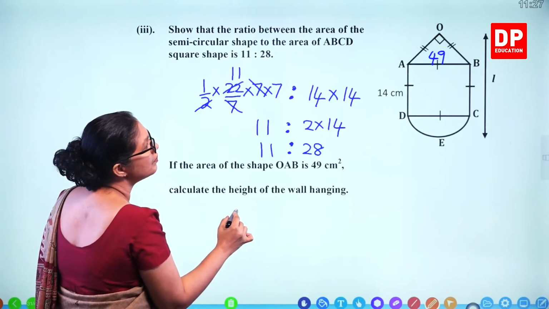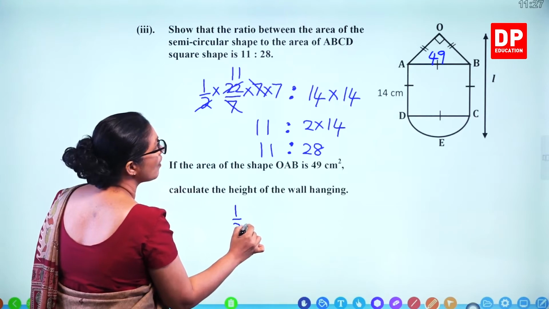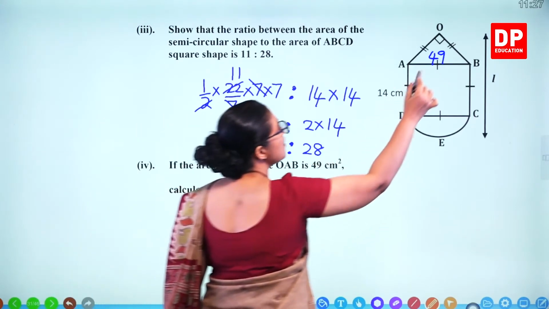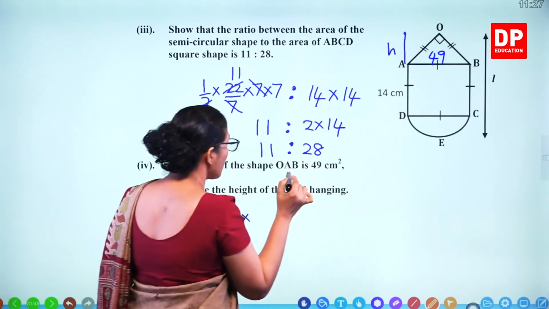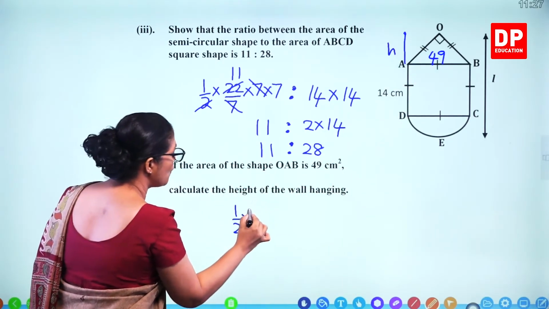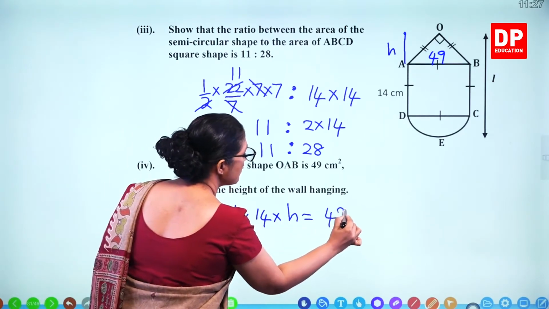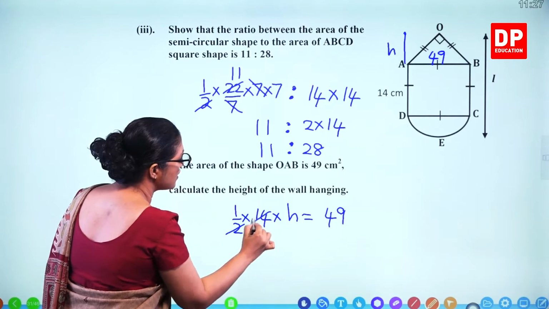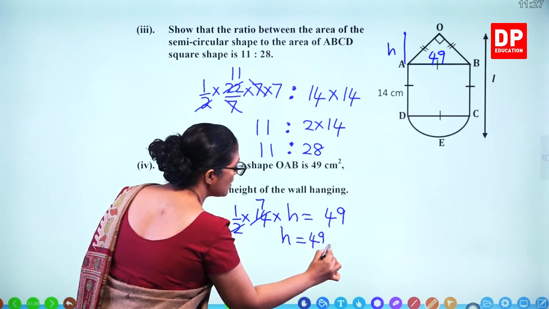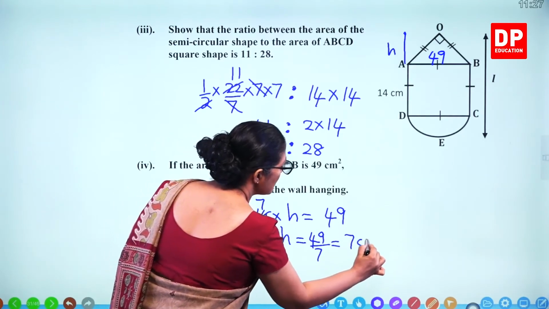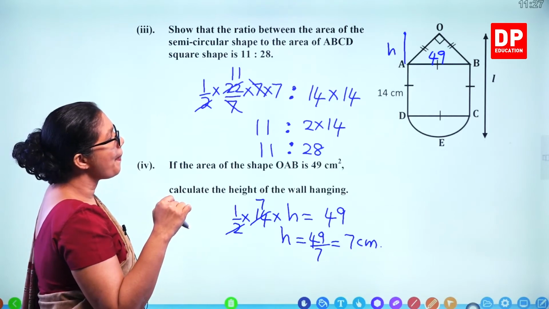Half into the perpendicular height h, half into AB. AB is 14 into height is equal to 49. 7h is that, so h becomes 49 over 7. That's 7 centimeters.